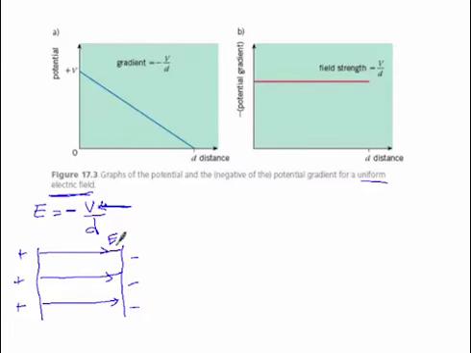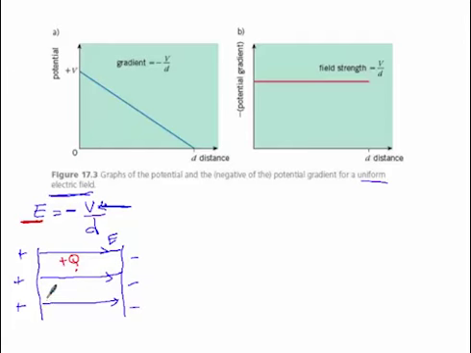And if we have a charge here, for example a positive charge, this relationship shows us that the direction of the electric field will be in the direction of decreasing potential.